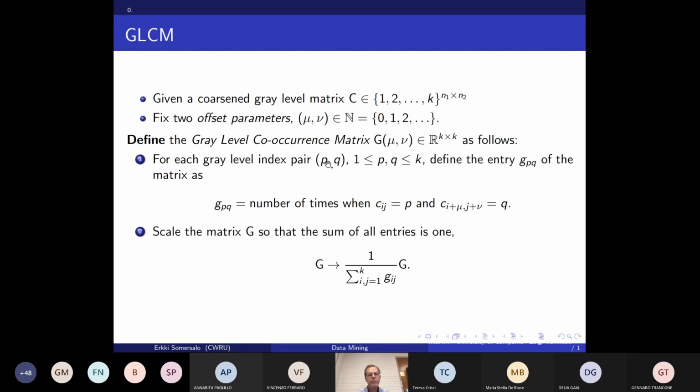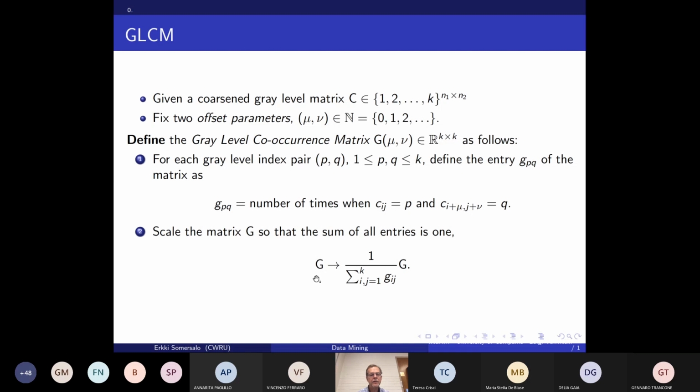component refers to a pair of two different gray levels. And so what you are doing, you are checking how many times there is a co-occurrence of P and Q in two pixels, so that the other pixel is obtained from the first pixel by moving it by the defined offset mu, nu. So now you get a matrix which has integers in it, because you calculate how many times the co-occurrence of these two gray levels appears.